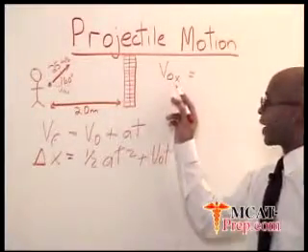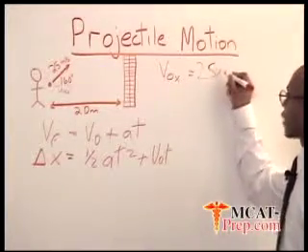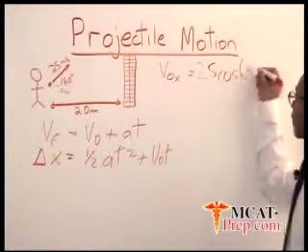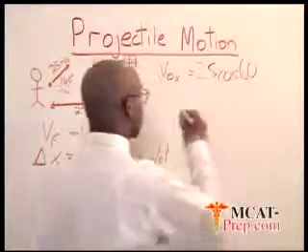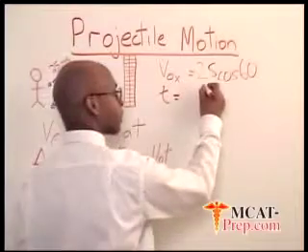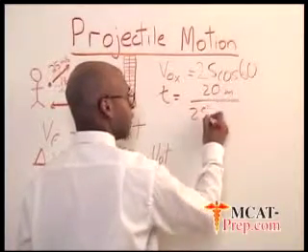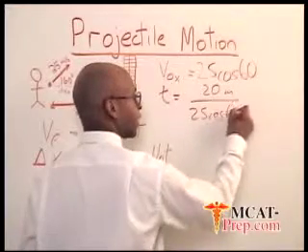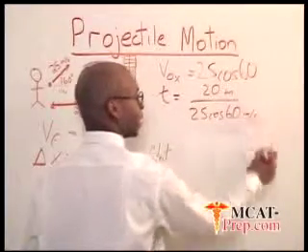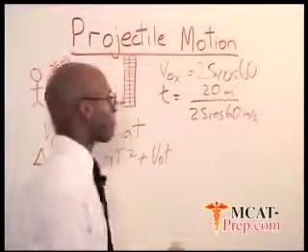Thus we have VOX is equal to 25 cosine 60. So to determine the time, we take the 20 meters over 25 cosine 60 meters per second. Thus meters cancel, seconds come up on top.